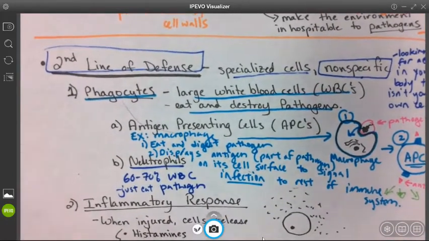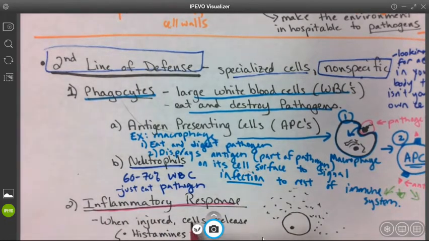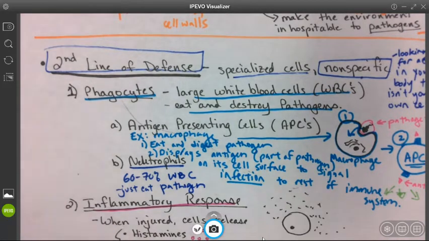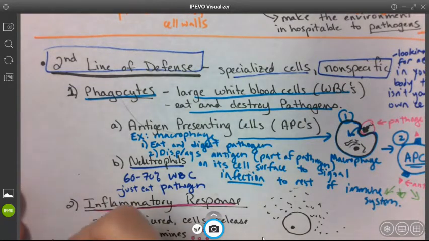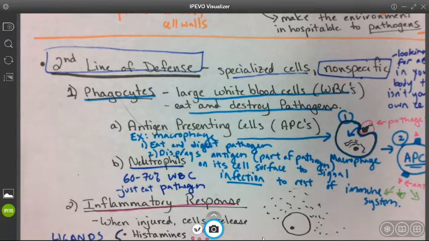Another part of the second line of defense, and again, this is non-specific, just like the first line of defense, treating all pathogens very similarly, is the inflammatory response. The inflammatory response is when injured cells release chemical signals. They can release histamines, prostaglandins, or many other chemicals. These are ligands, the signaling molecules released by cells.